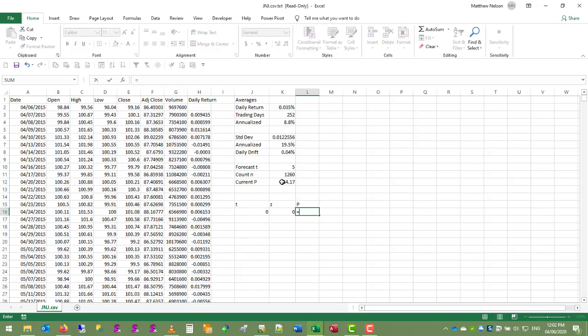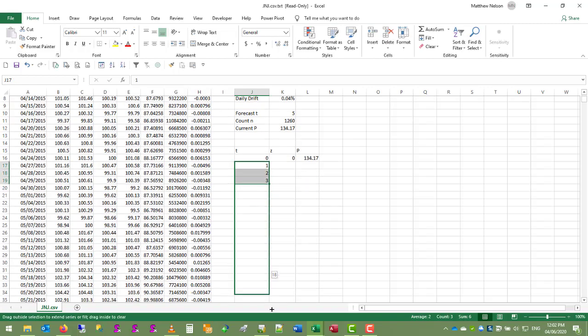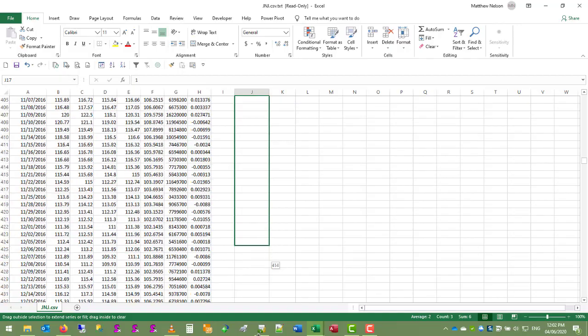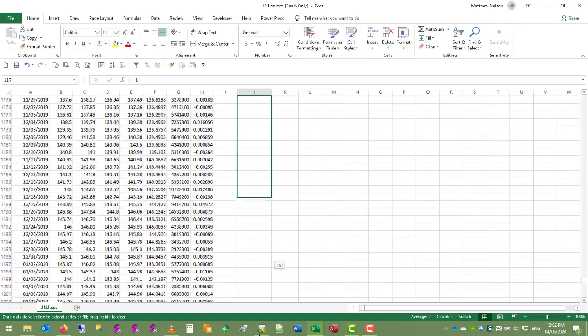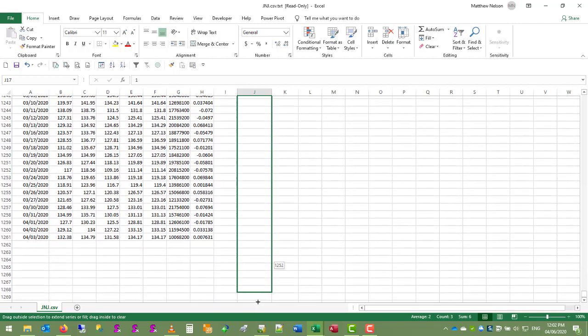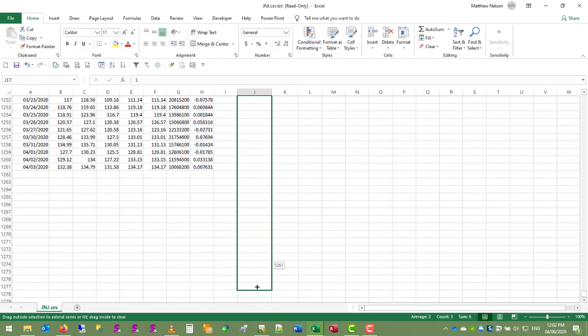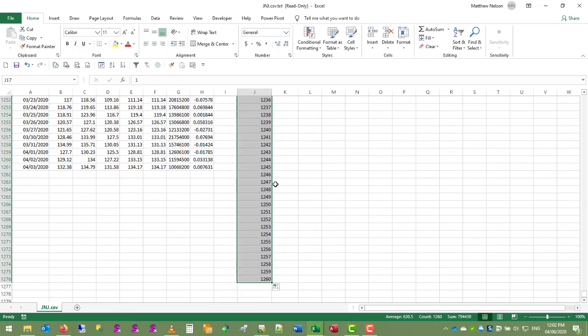So our stock price is where we start with, 134.17. And then we want to extend our list to 1260, which is 5 years of trading data.